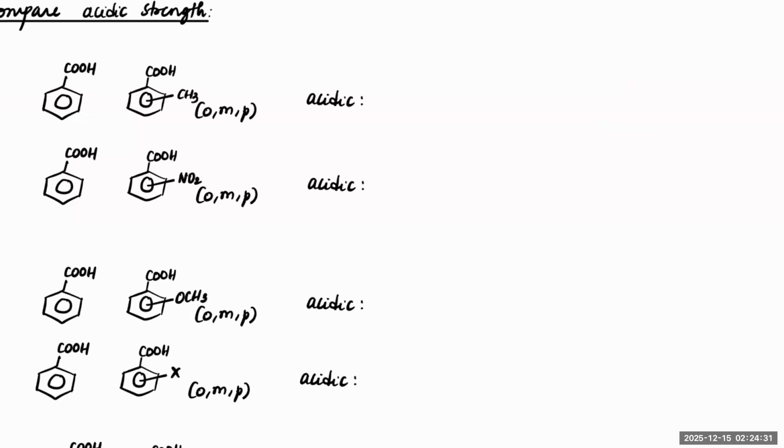Now let's see one by one. If there is a methyl group, naturally it is donating towards benzene at the ortho position, meta position as well as para position. And you know that most donating should be at ortho, correct? Expected, I'm writing the expected form. So because it should be most donating at ortho, that should be the least acidic.